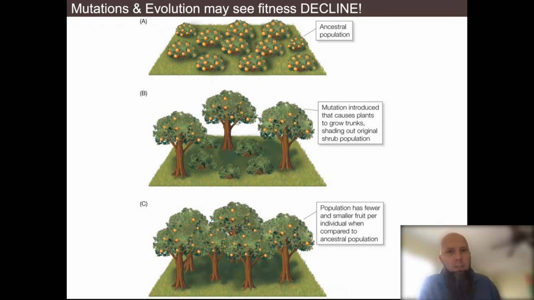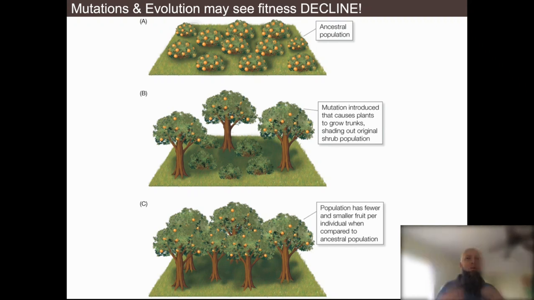They have lower fecundity, lower reproductive output. But what they are also doing is shading out those short plants in between them. So they end up having higher survival, and over time the population evolves to just be tall, woody trees that produce fewer offspring.